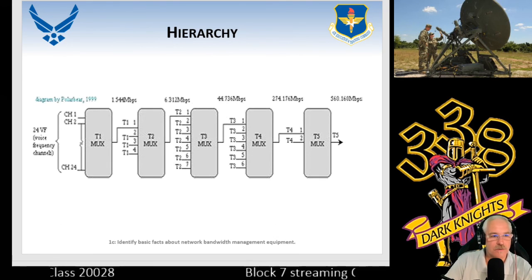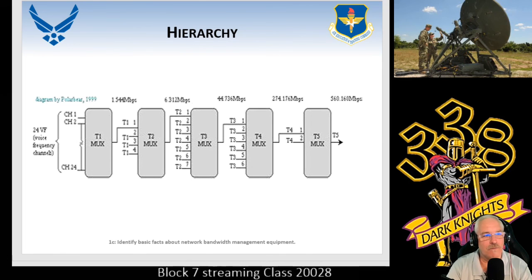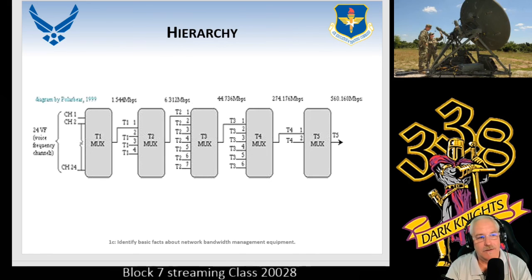So when I show this picture here, you can see that our T1 multiplexer has 24 channels. When it comes out of those 24 channels, it says 1.544 megabits per second. We have the T1, and we have 4 of those T1s going into the next multiplexer.